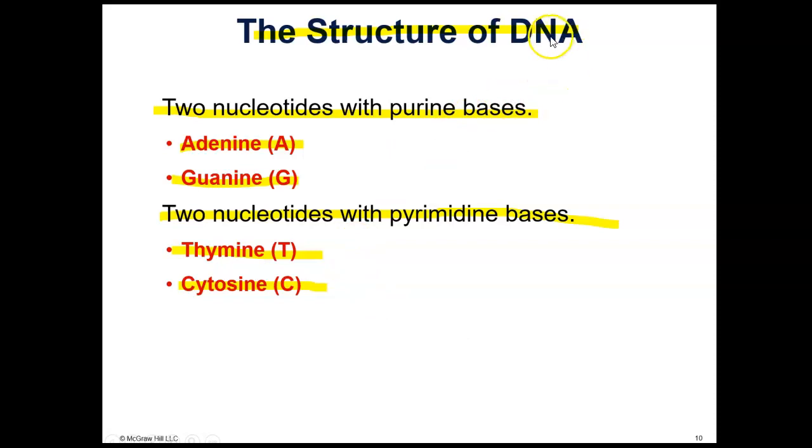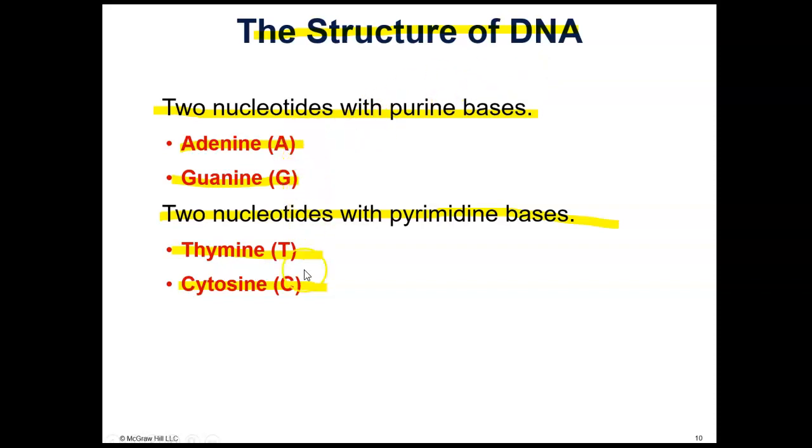So we know DNA is a nucleic acid. It's deoxyribonucleic acid. And nucleic acids are one of our 4 macromolecules. And it's a chain of nucleotides. The building blocks of nucleic acids are nucleotides.